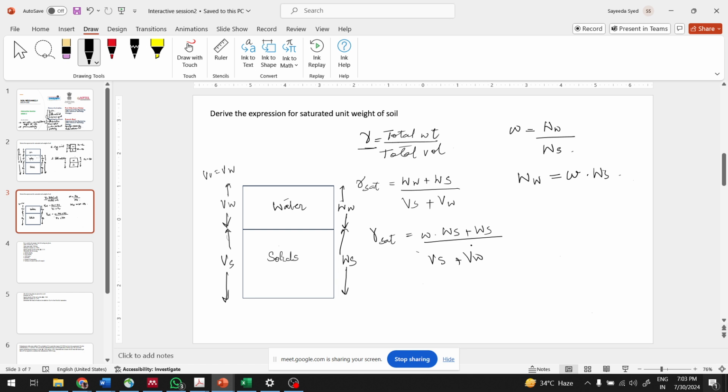Other thing we could have done was we could have taken this Ws common, and then we would have Ww over Ws plus 1 over V. And we know that this is equivalent to Ws into W plus 1. This is Vs by V.